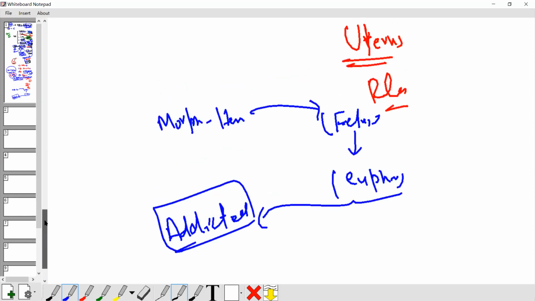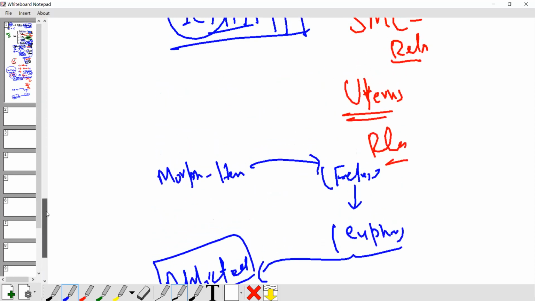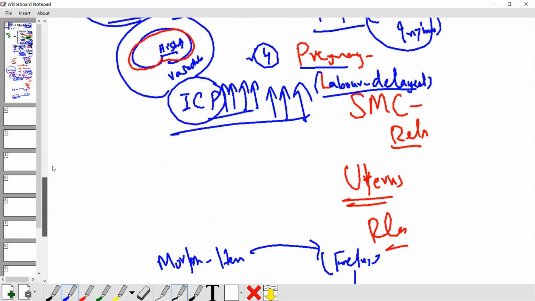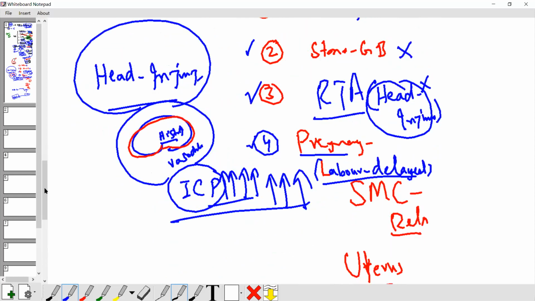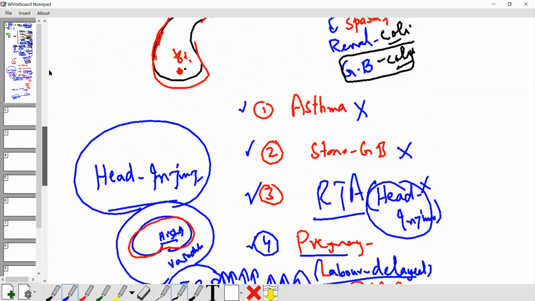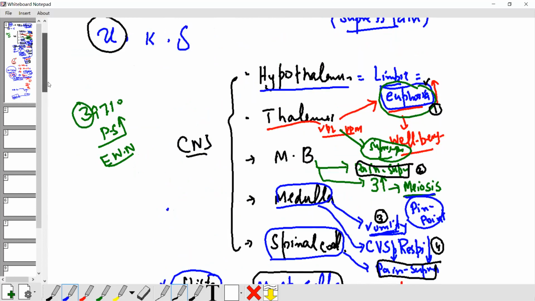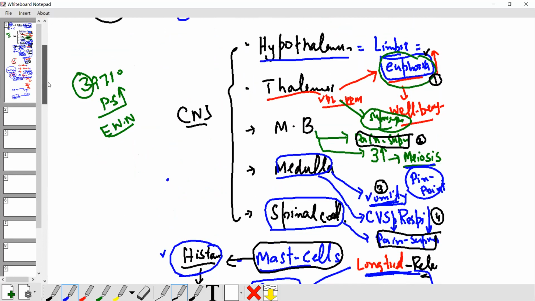This happens in case of pregnancy. Now come to our real point. These are the general effects on the body. They produce euphoria. They produce pinpoint pupil because of midbrain, third nerve stimulation. They produce nausea, vomiting, which is a very important side effect.